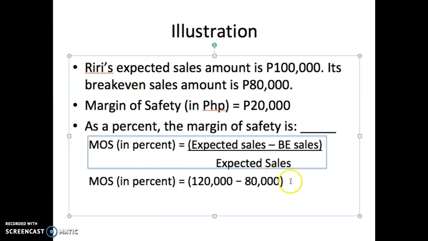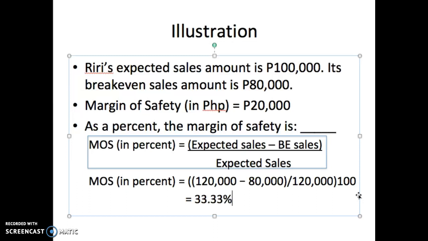And then we simply divide this by 120,000, which is your expected sales. You can multiply this by 100 so that it becomes a percentage. That will give us about 33.33%. Meaning that from the break-even sales amount of 80,000, the sales exceeded by 33.33%.